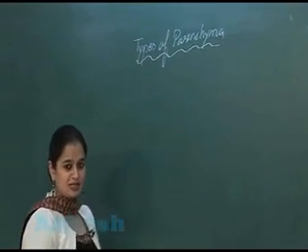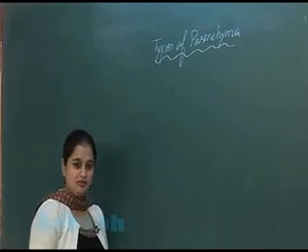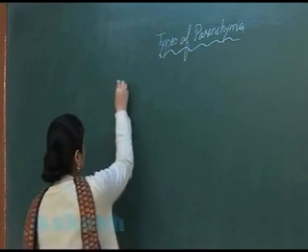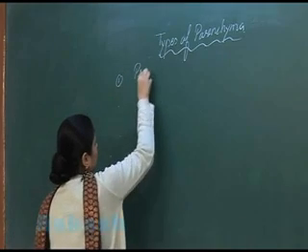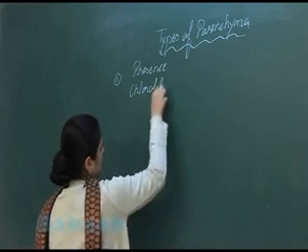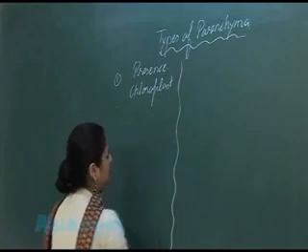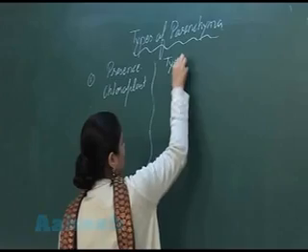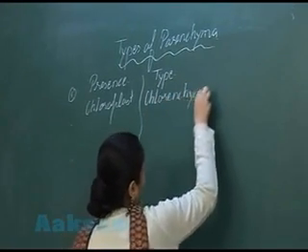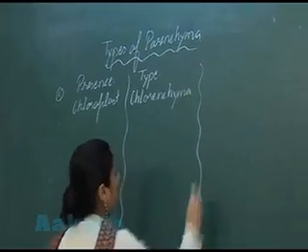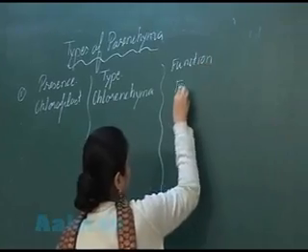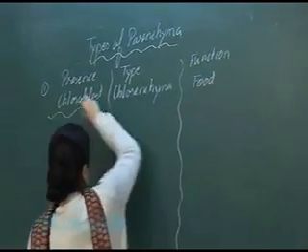If the parenchyma cells contain chloroplast, then this type of parenchyma is known as chlorenchyma. And now the function is known to all of us: the function is food synthesis, right?